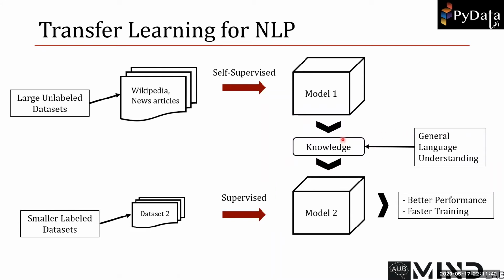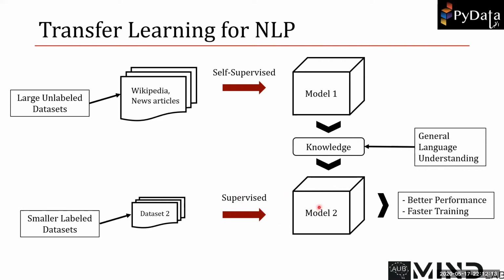We can then use this model and train it on our own data set with our own tasks. Let's say we have a task on offensive tweet detection. We usually have small data sets here compared to the large unlabeled one, and we can use this model that we initialized with the training on the large data set, and then we fine-tune it on our own data set that is usually labeled, and we call this supervised learning here.